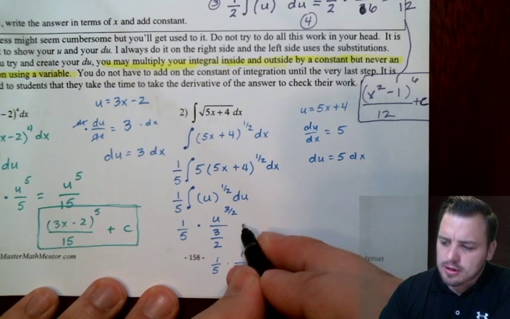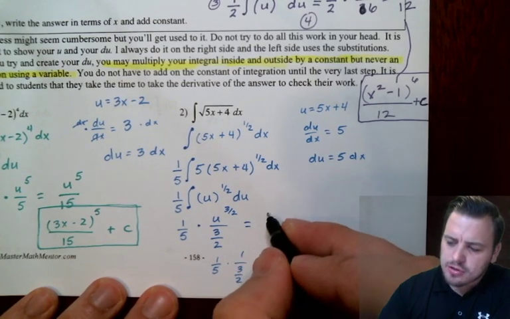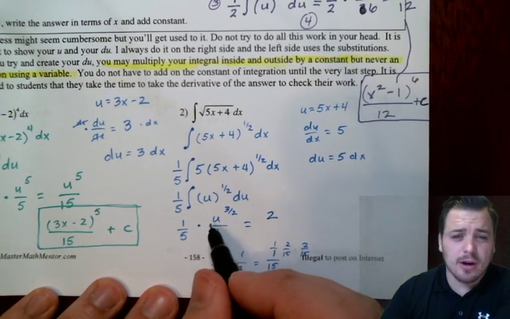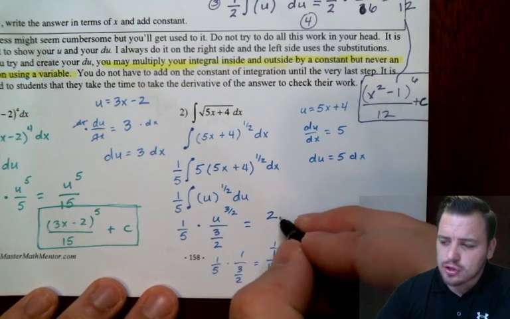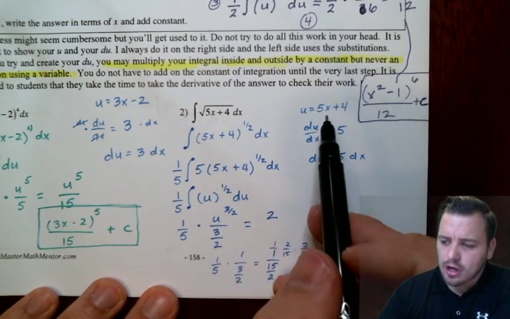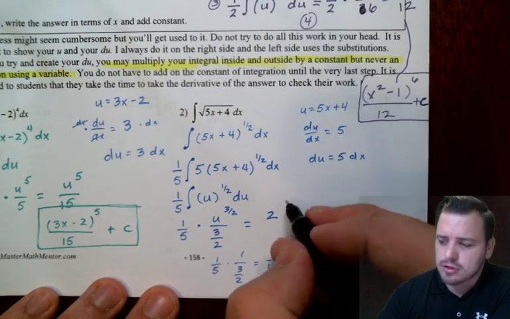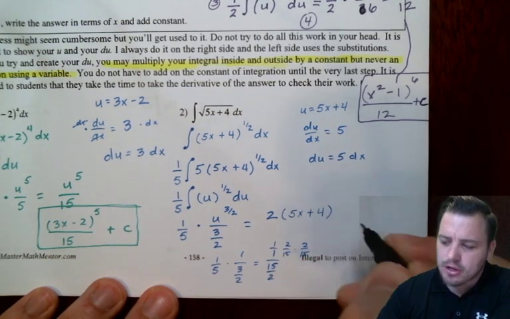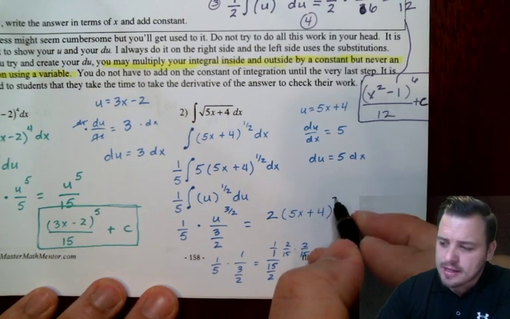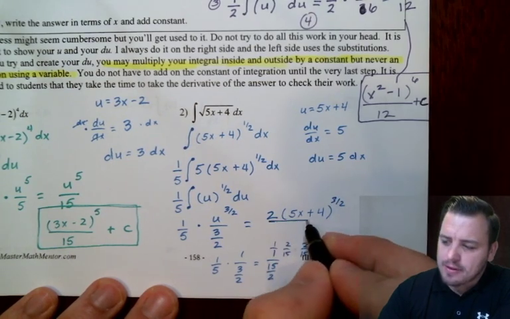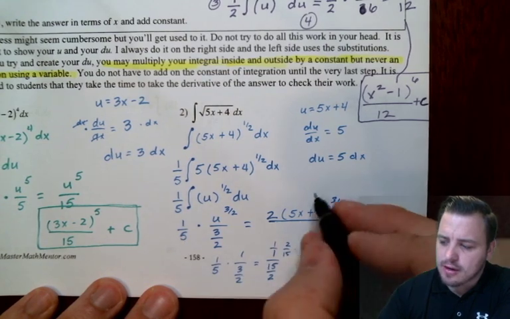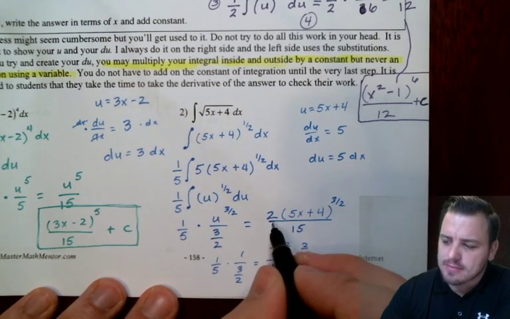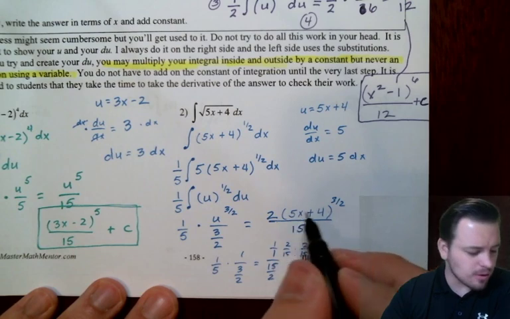So it's going to be equal to 2 in the numerator, but this is in the numerator as well. This whole u to the 3/2, and I'm going to go ahead and plug in u. So 2 times 5x plus 4. I just plug u back in, raise it to that power, and I put this all over 15. So that's my 2/15, and then that's in the numerator as well.